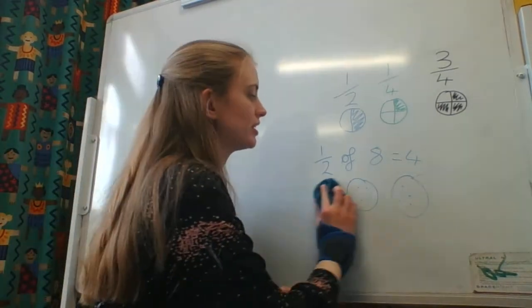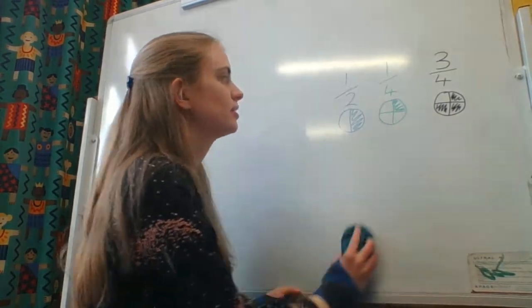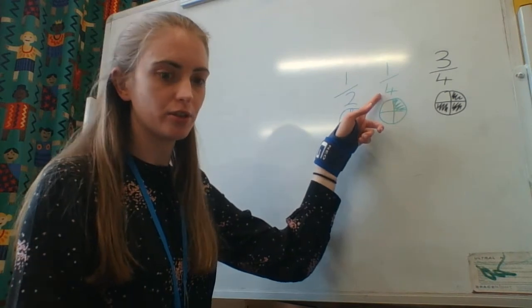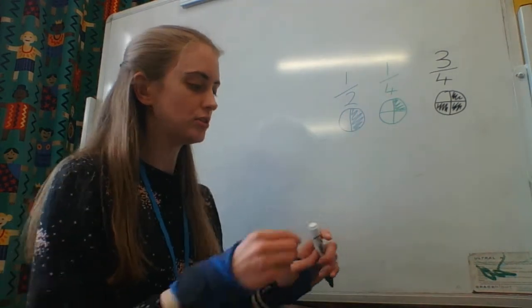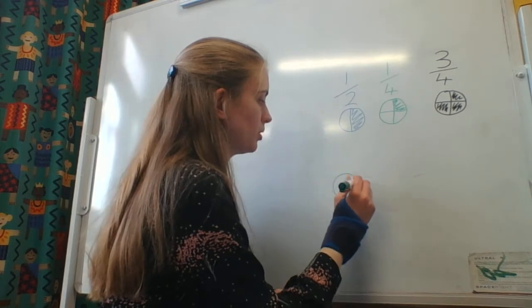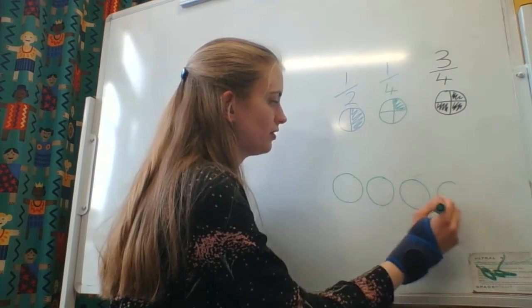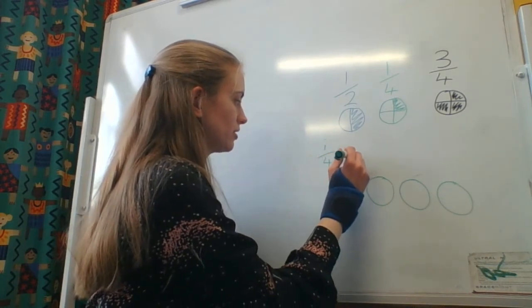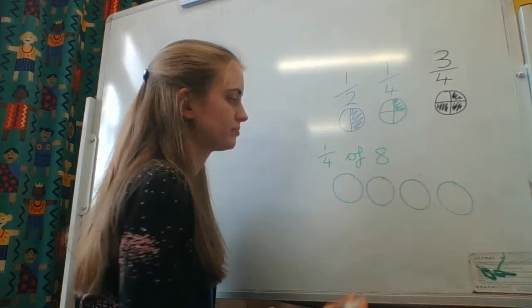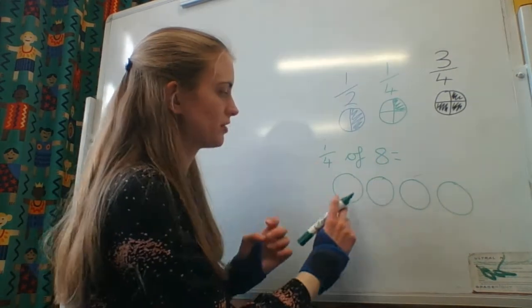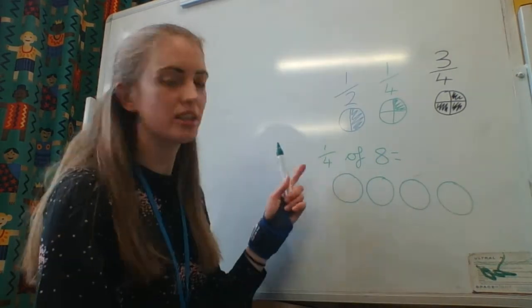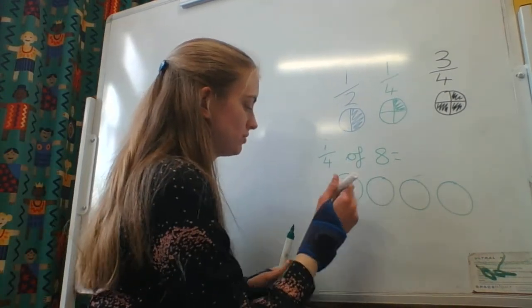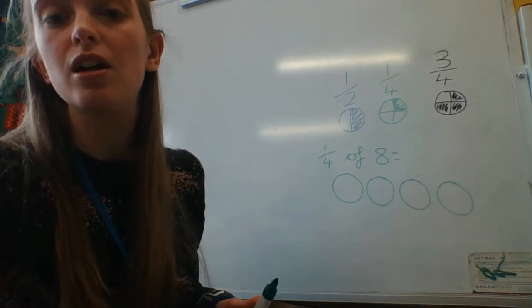If I want to find a quarter of a number, when we have quarters we split it into 4 groups. So I need 4 groups. 1, 2, 3, 4. So if I wanted to find 1/4 of 8, then I've got my 4 groups, and I will be wanting one of those groups. Neither of my red pens now work. These are purple.